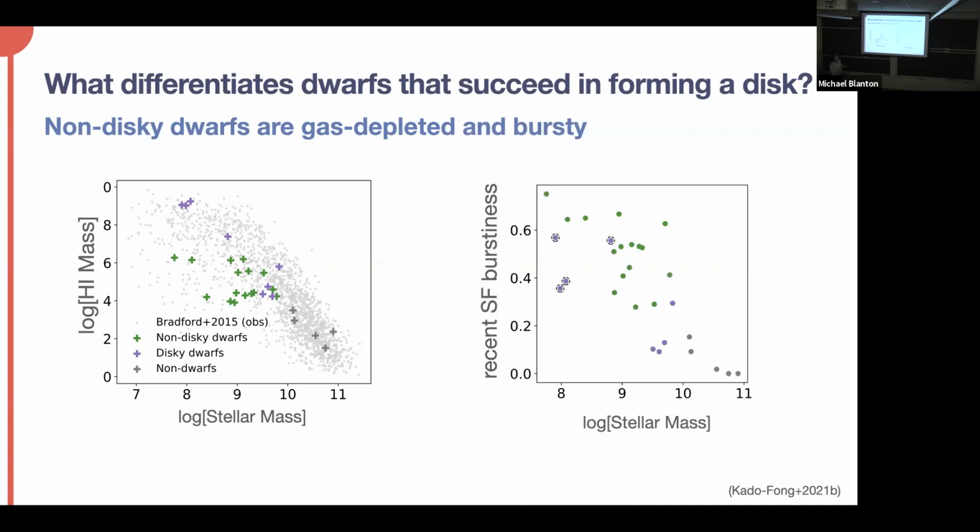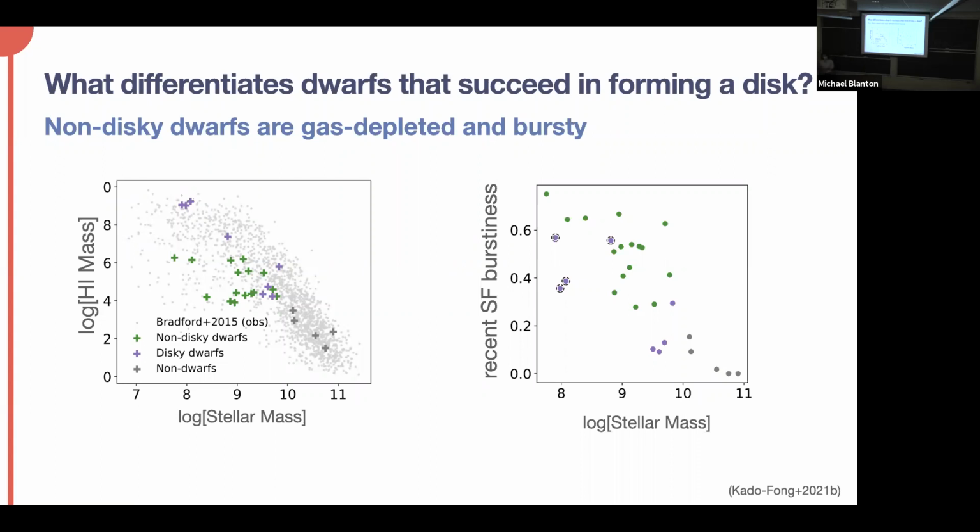And the non-disky dwarfs also seem to have a more recently bursty star formation history as compared to the dwarfs that succeed in forming a redshift 0 disk. Here I'm showing stellar mass versus recent star formation burstiness in the last 2 gigayears. Colors remain the same, and the non-disky dwarfs tend to be burstier at more recent times compared to their disky, more quiescent counterparts.